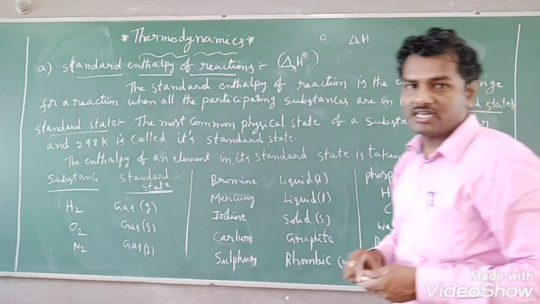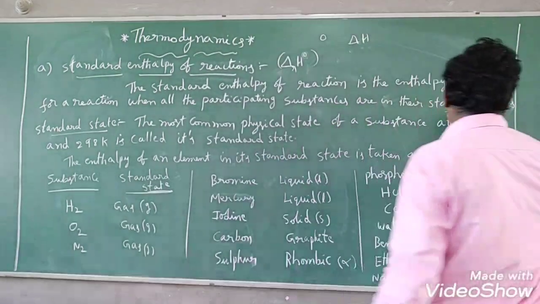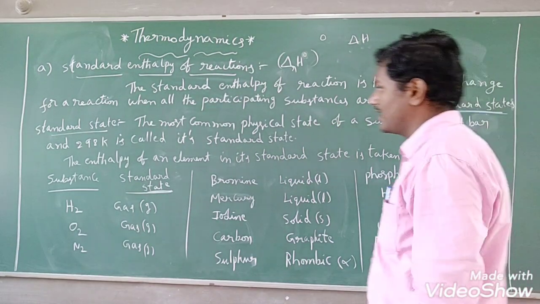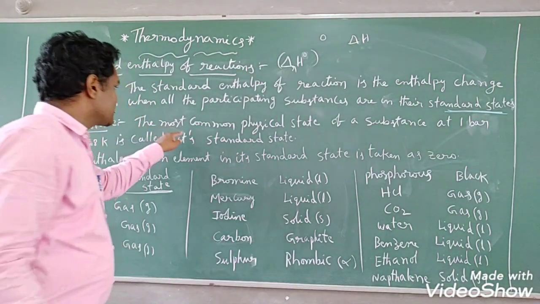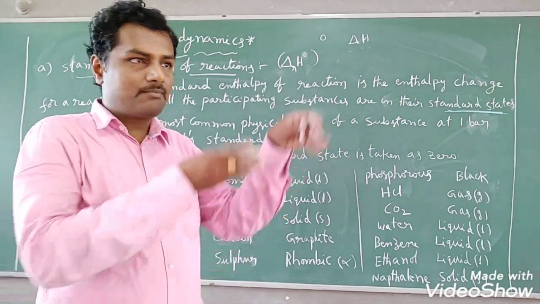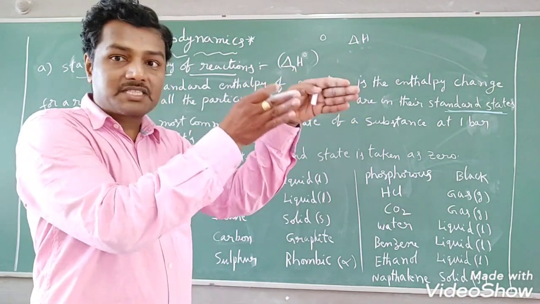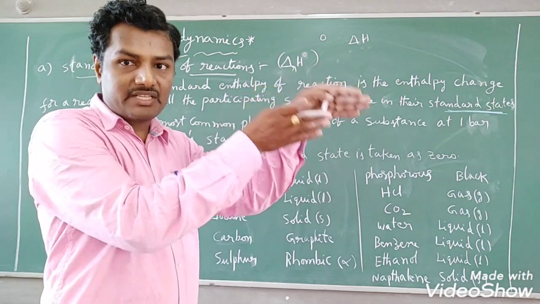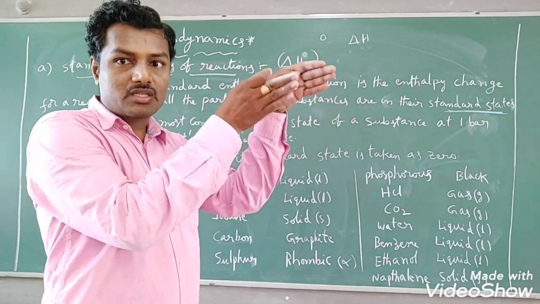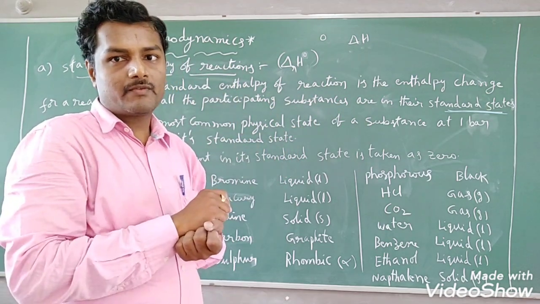We may ask a question here: standard state. The standard state is nothing but the most common physical state of a substance. Suppose you have taken some substance on the reactant side. What is that substance's physical state? Whether it is in liquid, gaseous or solid state, you have to mention it very clearly in brackets with a small letter.